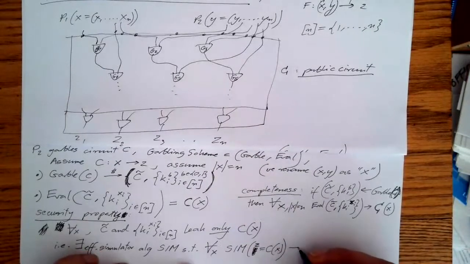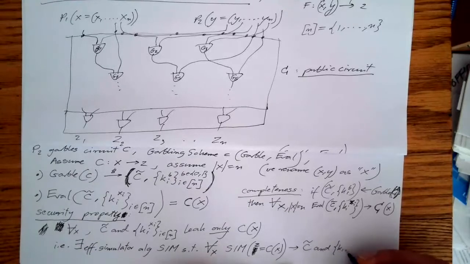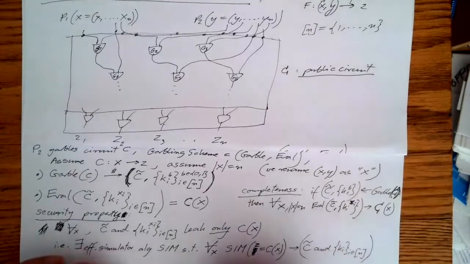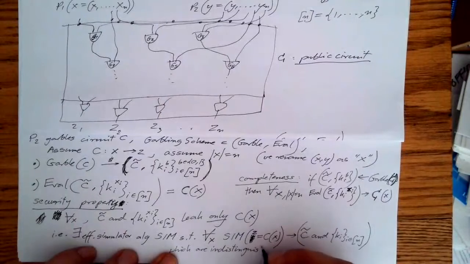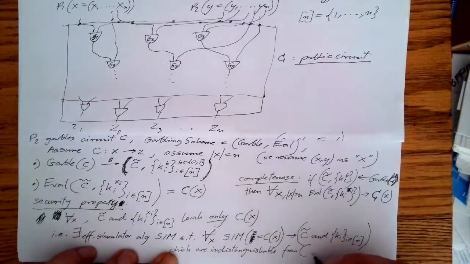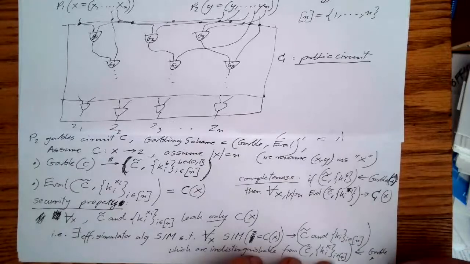can, from that output, simulate the garbled circuit and a set of keys which are indistinguishable from C and the keys for x that are output by Garble and x.